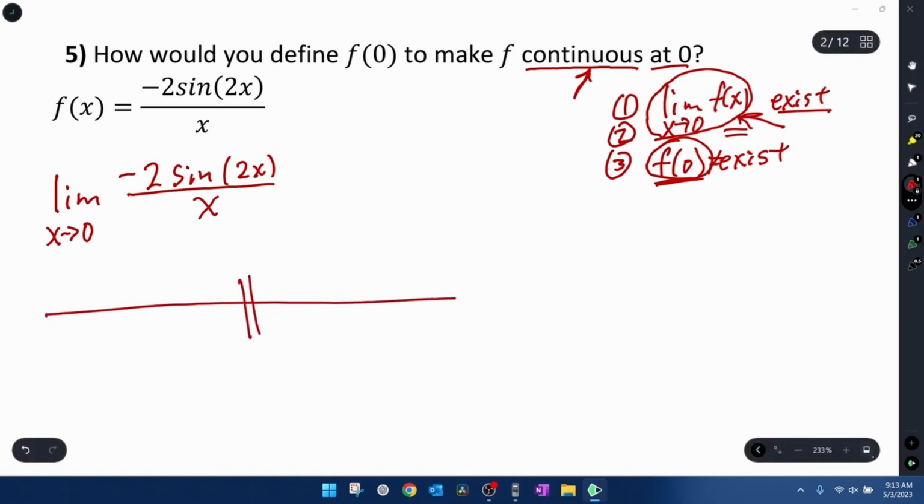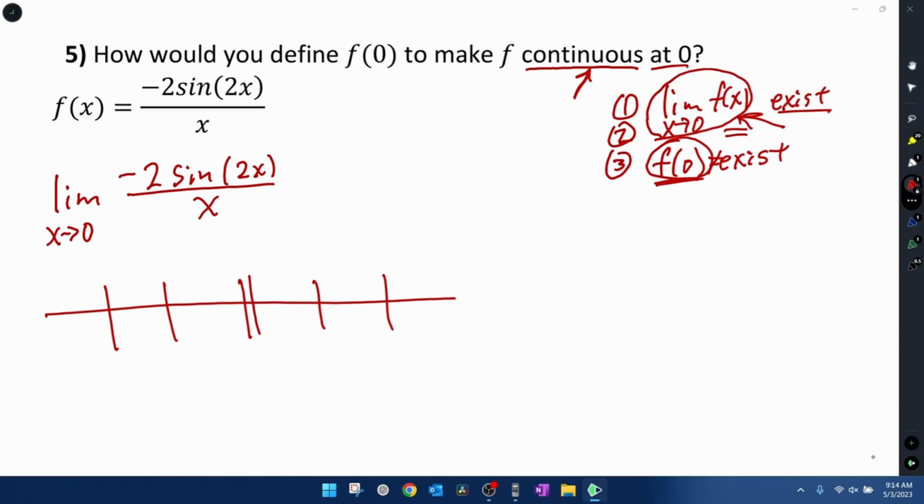So what I'm going to do is make a table of values that approach 0 from the left and right. And then I'm going to see if I can determine what the limit is as we get closer to 0. So let's do about 3 numbers. I think that's the way we normally did it in class.